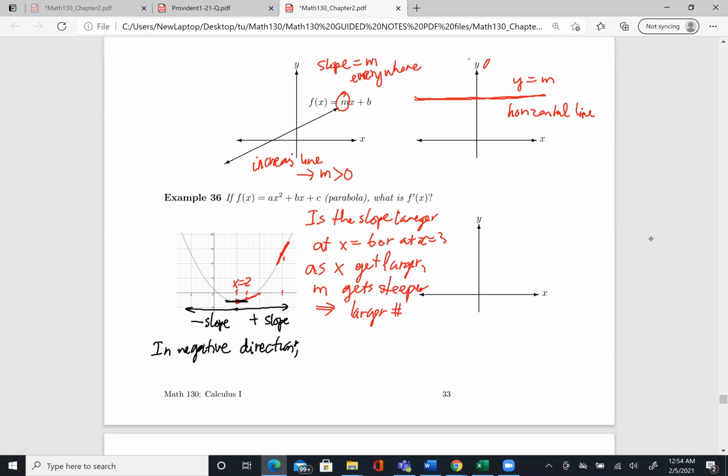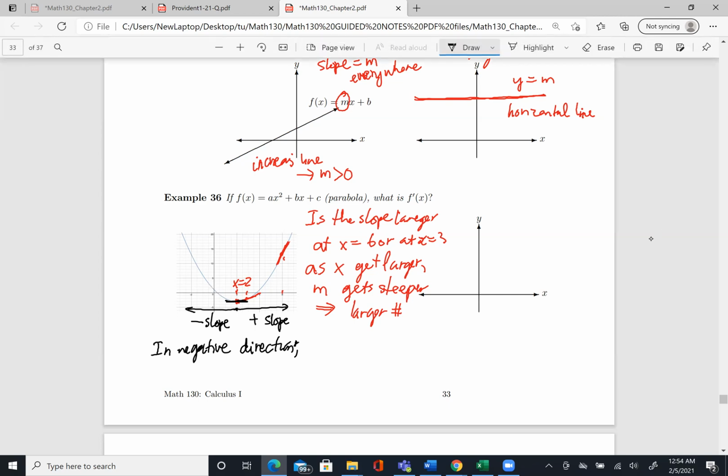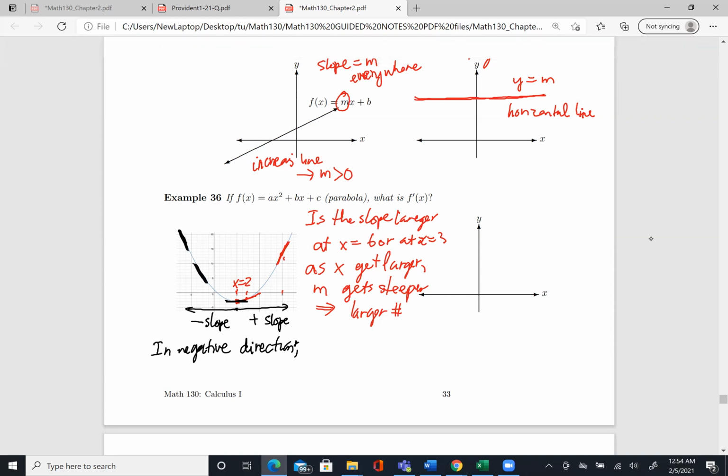The more negative you go, the steeper it gets, but in the negative way. See that?